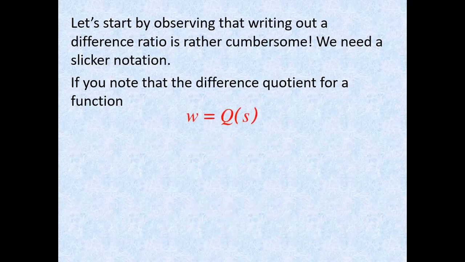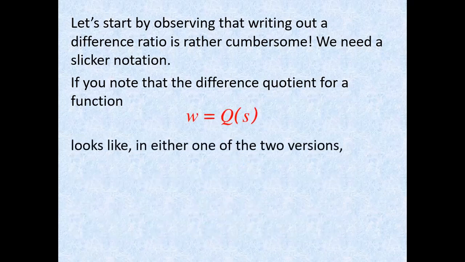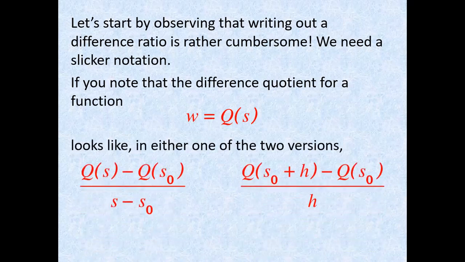For a function w equals q of s, it looks like either one of the two versions, q of s minus q of s naught all over s minus s naught, or q of s naught plus h minus q of s naught all over h. You may notice here that s minus s naught is just replaced with h.